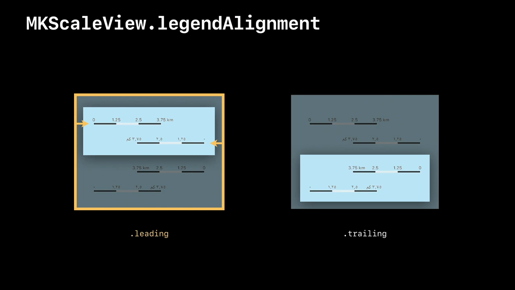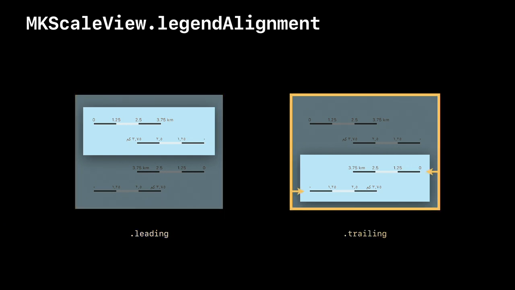If you instead want to align your scale view to the opposite side of the screen, you need to set the legend alignment property to trailing, and we will flip the 0 point that is fixed to dynamically adapt to the localization that is currently in use.